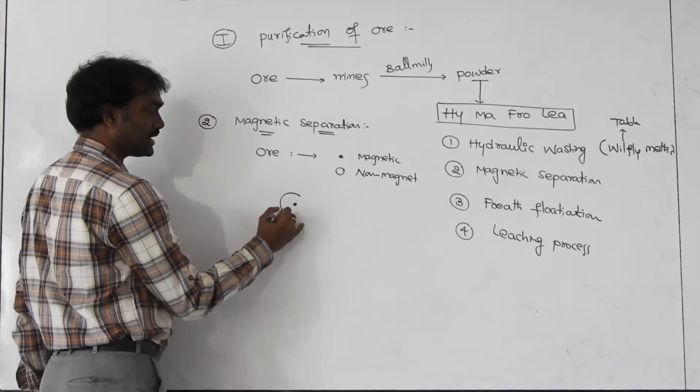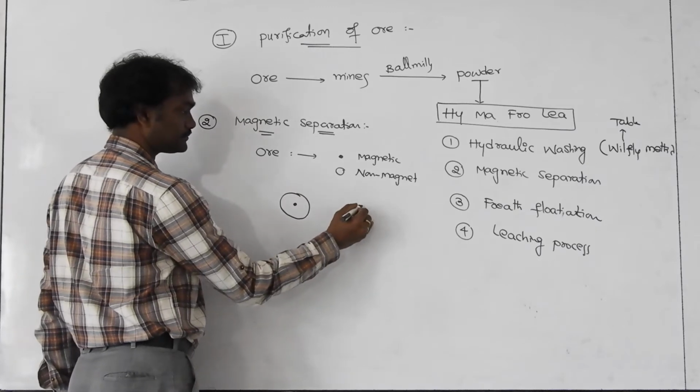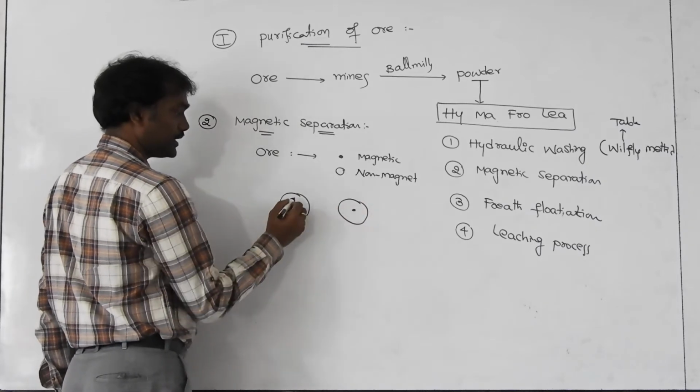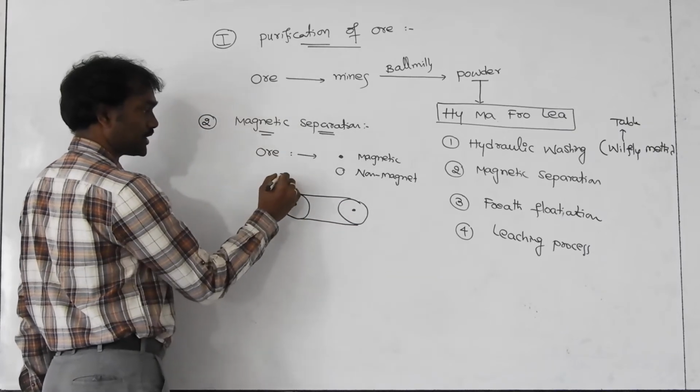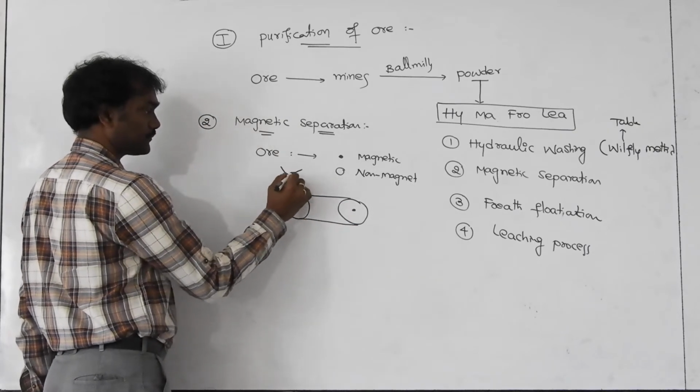Here we take two wheels, combined with a turbine. Here we take the ore powder.